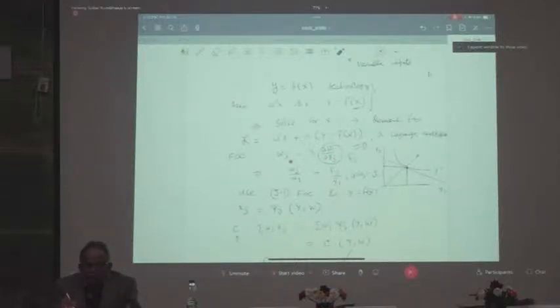So this equality has to hold, and this is given by the point of tangency between the isoquant and the isocost line. This is called the isocost line. That means every point on this gives you exactly the same cost. Okay. So the question is, if you want to produce this much, what is the best way of producing? That's given by the point of tangency.